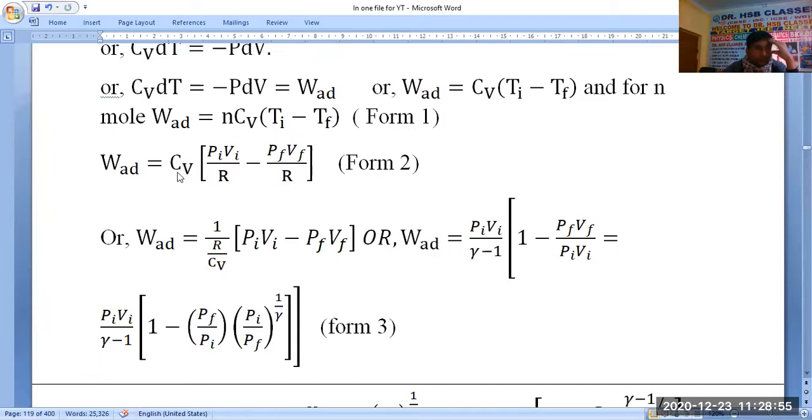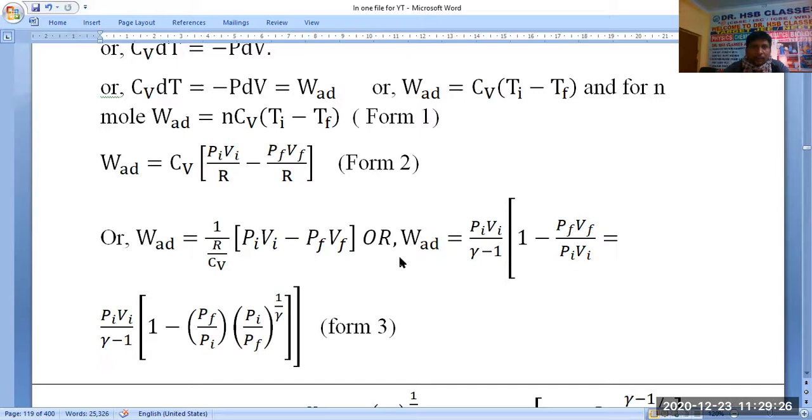And Cv, and there is an R common, so W equal to Cv by R, then from Cv divided by Cv, we can get 1 by (R by Cv) as a common term, into (Pi Vi minus Pf Vf).